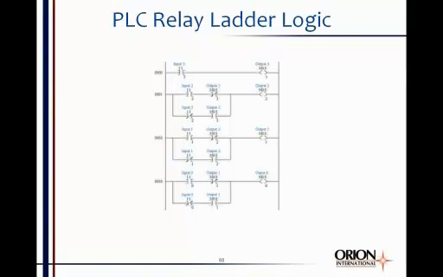Let's look at this, which is out of a real PLC. This is some relay ladder logic. It consists of input contacts, and these might be wired to switches or some kind of a device that turns on and off. Depending upon the status of the input, that will determine how the outputs work.